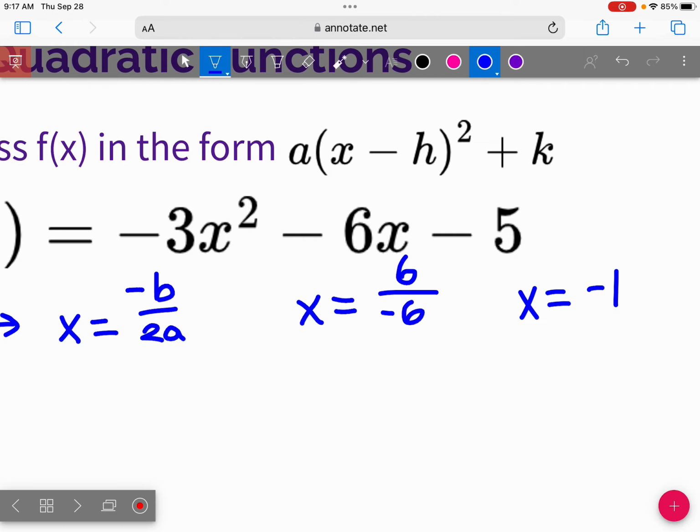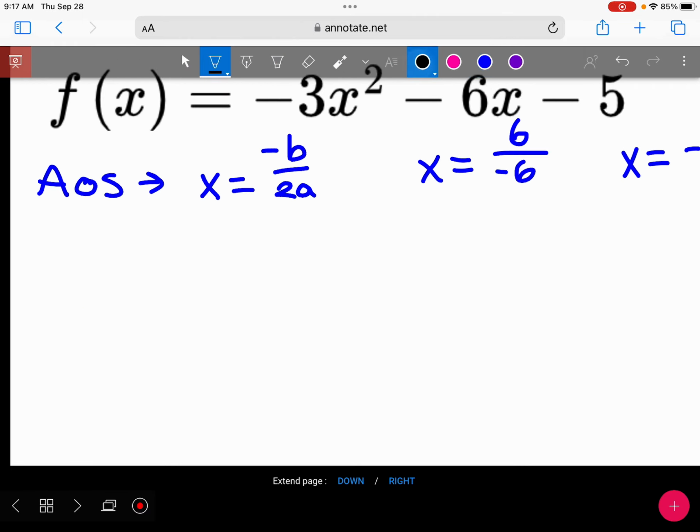To find the y value for that vertex, we evaluate f of x at negative 1.